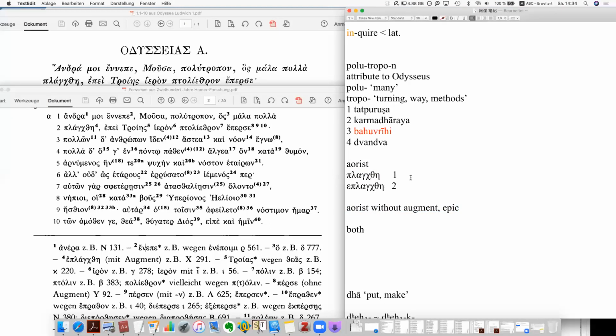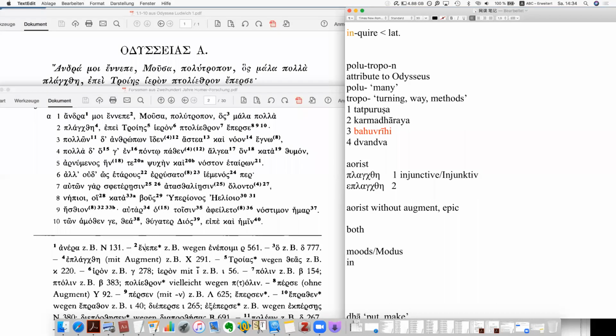But actually, this form has an Indo-European background. It's called injunctive. Also in German, it's called Injunktiv. Injunctive is like, these are actually moods, right? In German, it's called modus.